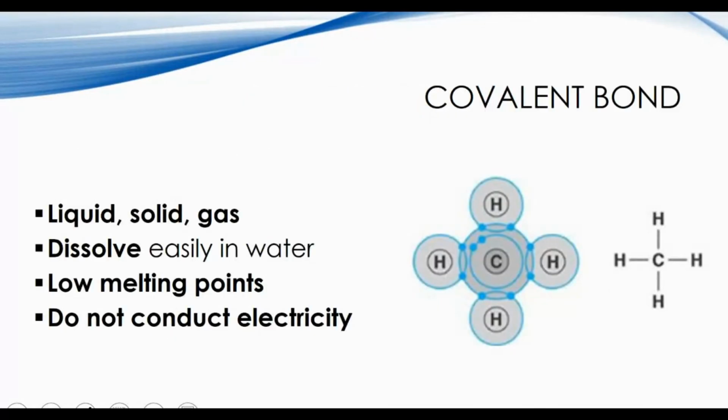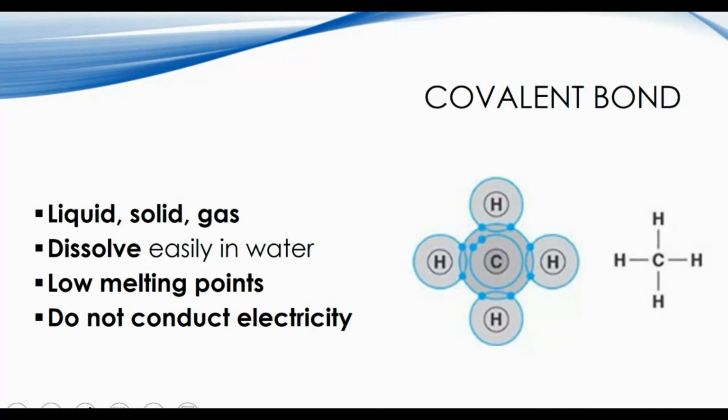Some of the properties that we associate with covalent bonding are that they can exist in liquid, solid, and gaseous states. They're going to dissolve easily in water, and again, it goes back to the polarity that we haven't quite discussed yet. Because they're sharing electrons, that bond is not as strong as the one that we would normally observe in ionic compounds. For covalent bonds, those melting points are going to be very, very low.